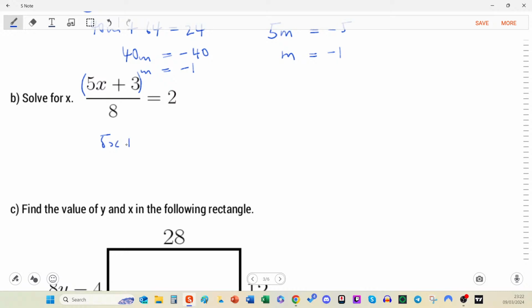So we're left with 5x plus 3 equals 16. I wonder what it looks like on the replay because it's really slow writing on this screen. Should have reset, but c'est la vie, mon ami. Take away 3, and then we're going to divide. Uh-oh, this is the stage where we think, have we gone wrong? There we go, I just need to rewrite that because it's illegible. Have we gone wrong at this stage?